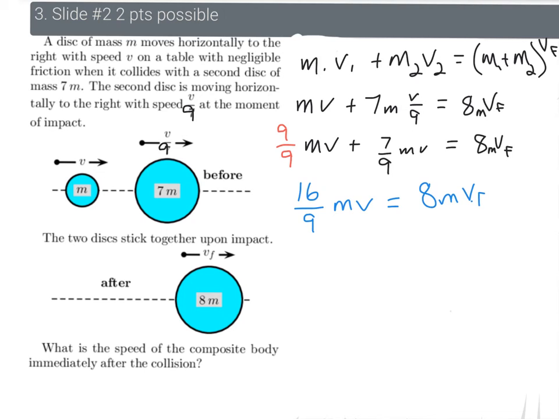So the last step would be to go ahead and divide the 8m over. So that's going to give us 16 mv divided by, now the 8 times 9 is going to give us 72m, and that'll be equal to VF.